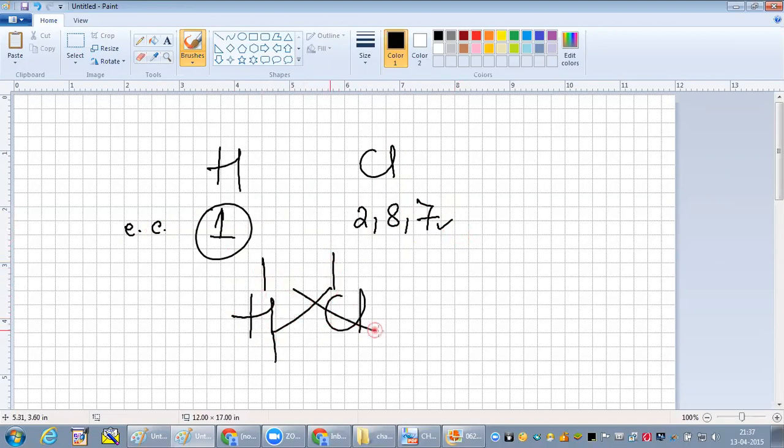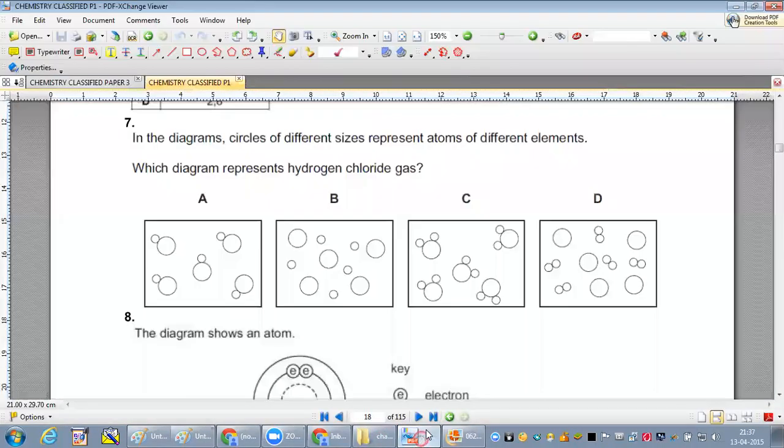If you exchange these valencies, the formula of hydrogen chloride becomes HCl. So there will be 1 atom of hydrogen and 1 atom of chlorine combined.